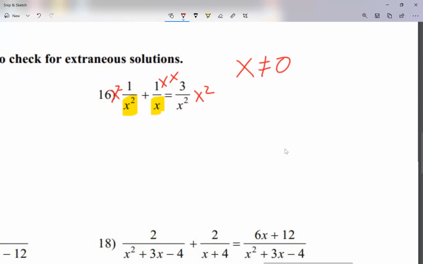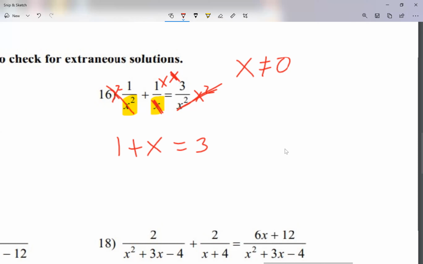On the first fraction, the x squared with the x squared cancel out. On the last fraction, the x squared with the x squared cancel out. And in the middle, 1x with this 1x. So I have 1 plus 1x is equal to 3.